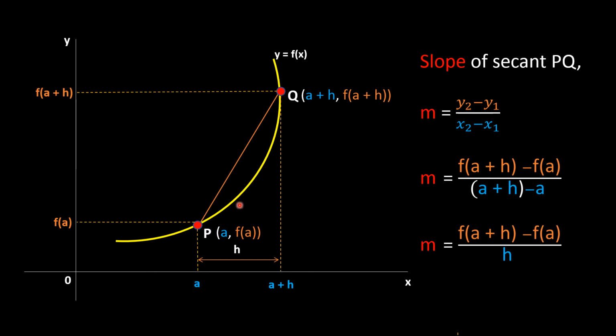Now imagine point Q is approaching point P along the curve and its intermediate positions are Q1, Q2, Q3, etc., so that the secant PQ takes the form PQ1, PQ2, PQ3, etc., and ultimately at x equals a, it will take the form of a tangent at x equals a.